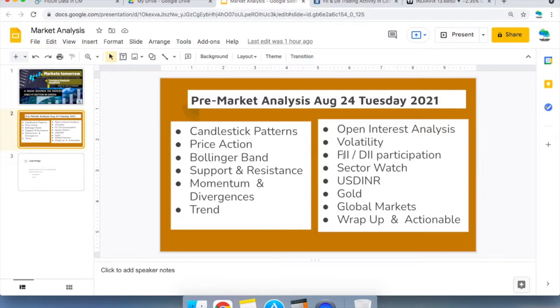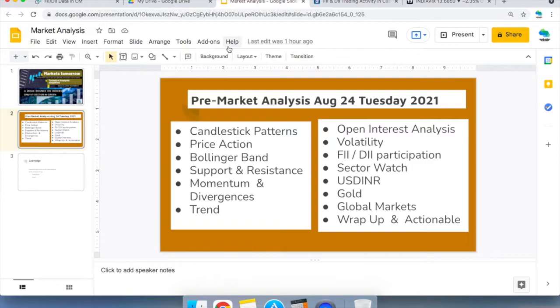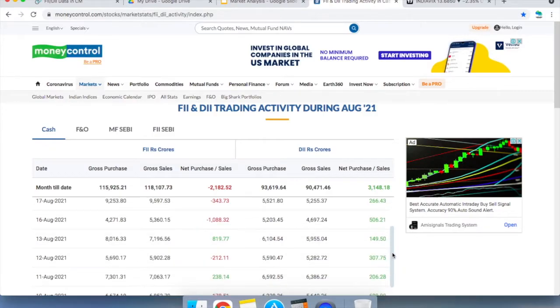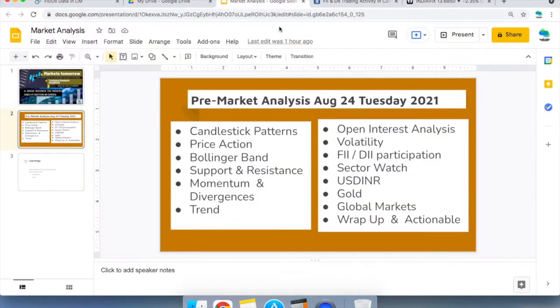So the FIIs are in selling mode. Previously, last Friday 2,200 selling, 500 selling, so they have been selling for the last 5 or 6 days, right? The DIIs have increased their buying. They were also not buying too much, or they were also selling last week, right? Hardly any buying was happening, but now they have increased the buying, which is supporting the market.